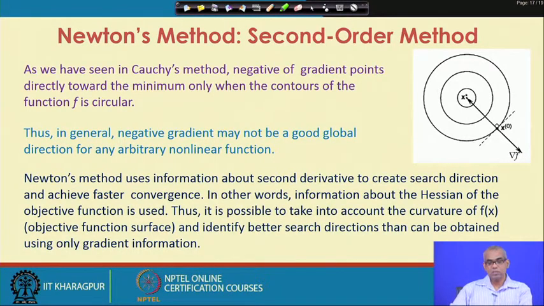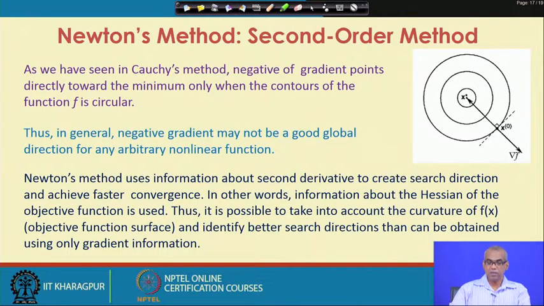Newton's method uses information about the second derivative to create a better search direction and achieve faster convergence. In other words, information about the Hessian of the objective function is used. Thus, it is possible to take into account the curvature of the objective function surface and identify a better search direction than can be obtained using only gradient information.